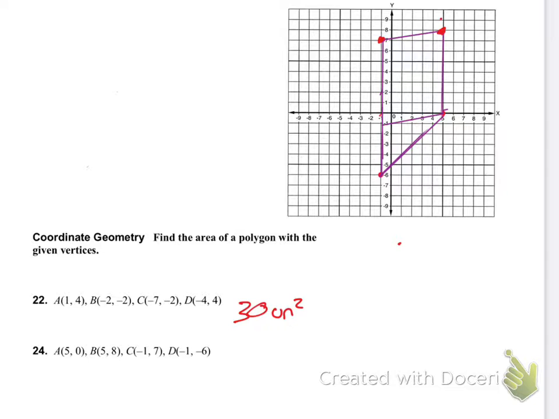What that does is that makes this equal to this, and then this equal to this. It's a parallelogram, so I can find the area of that right away.